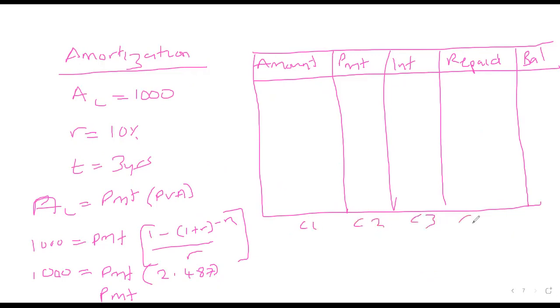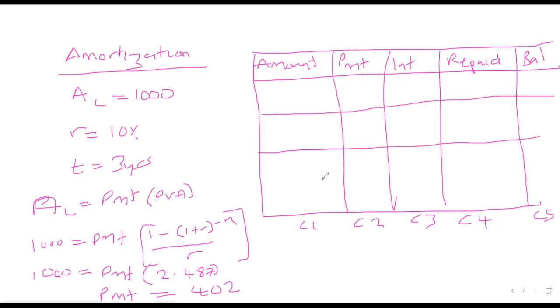We have 402. Yeah, 402. This 402 is what we put throughout here. Because at 3 years, we've been given year 1, year 2, and year 3. So we'll be making a constant payment of 402.